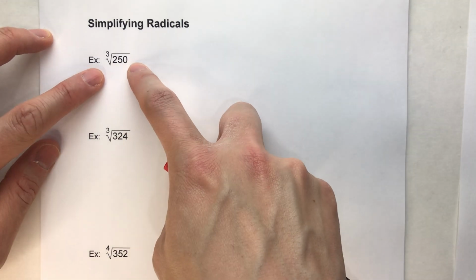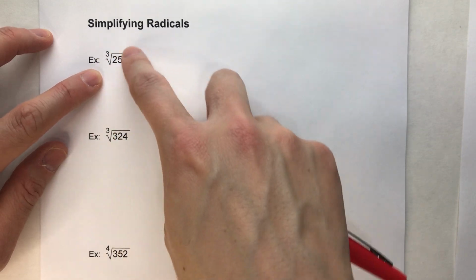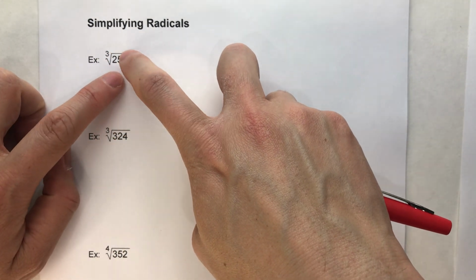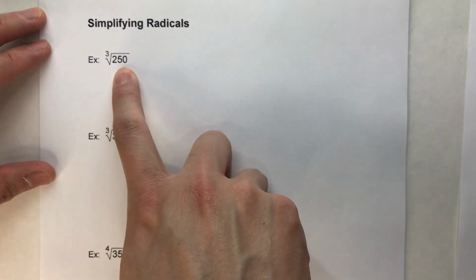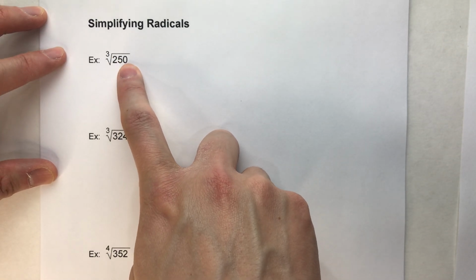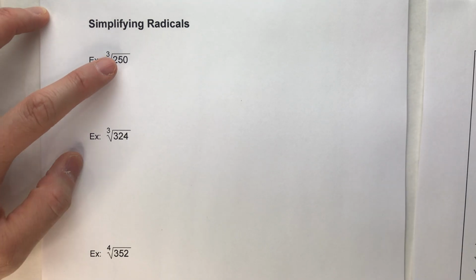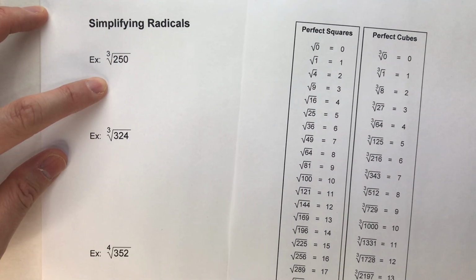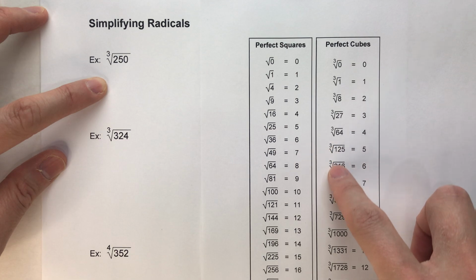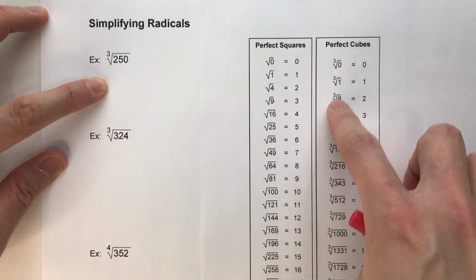Okay? So for cube roots in particular, what you want to do is find the biggest perfect cube that divides into the number under the radical. In this case, 250. Now, sometimes you get lucky and you have a number that you just know the perfect cube that divides into it. So here's a list of my perfect squares, here's my perfect cubes.